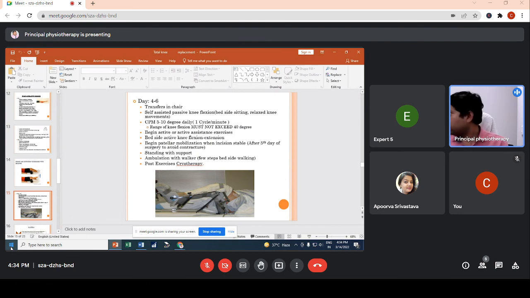If you increase the weight, we achieve power. If you keep constant weight and increase the repetitions, you will achieve endurance.